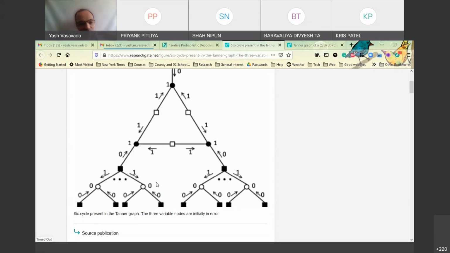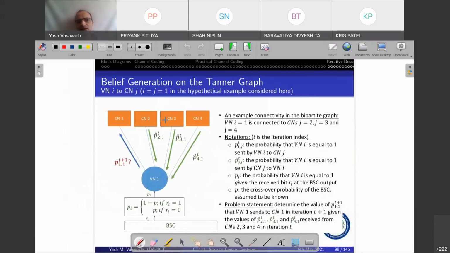But then in the subsequent iterations, in the first iteration, the messages are being conveyed from the check nodes to the variable node, and then the variable node will convey corresponding messages to the check node.